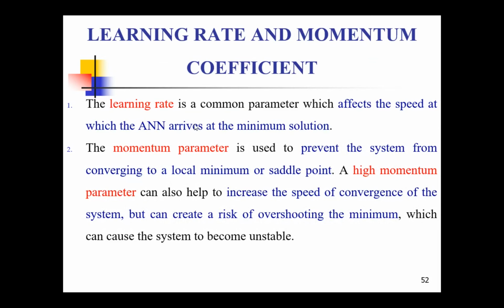Consider the global minimum and the local minimum. My error should be minimum. Suppose I am going with 100 iterations. For the first iteration, I am going to have some value. For the second, I am going to have another value. If I go for 3, I am going to have another value. Among these 3 iterations, which is the lowest value? That is my global minimum.